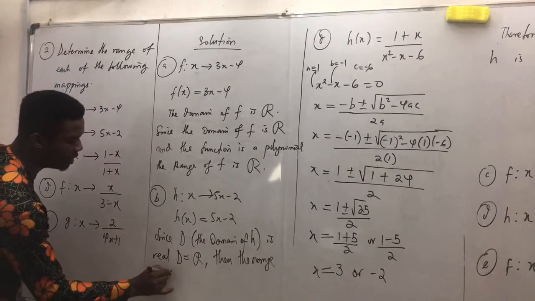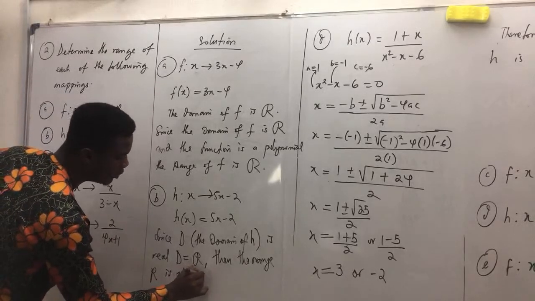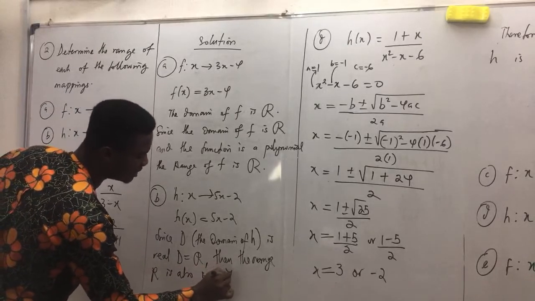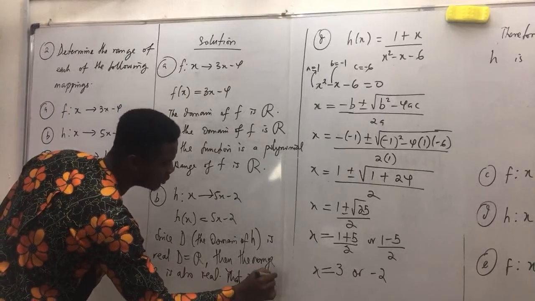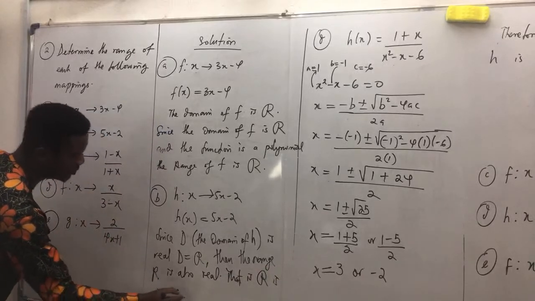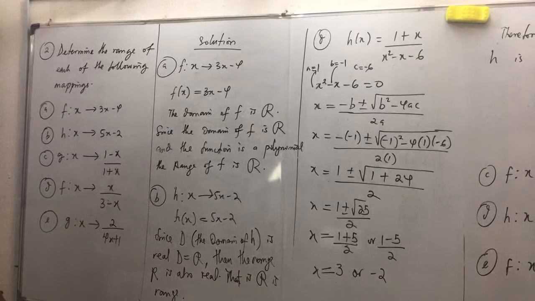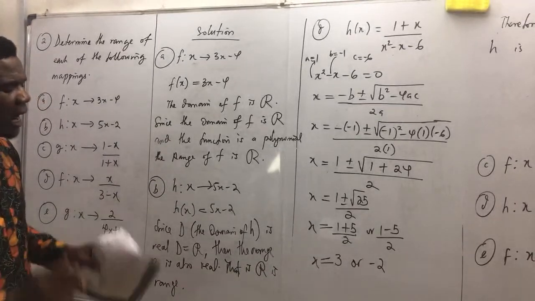is also real. That is, R is equal to R is our range. Okay, so the range of this function is also the set of all real numbers. Now, please take note. How do we know?